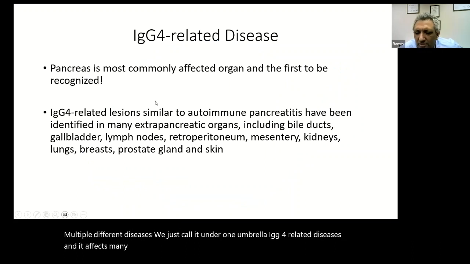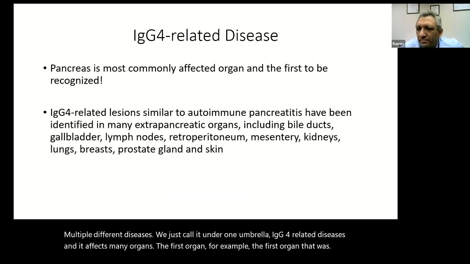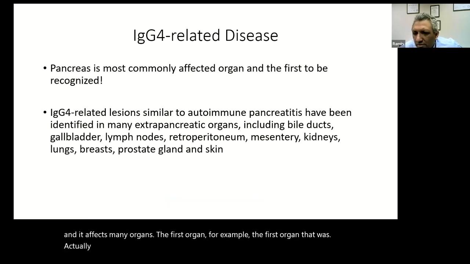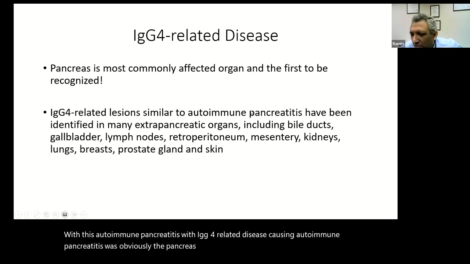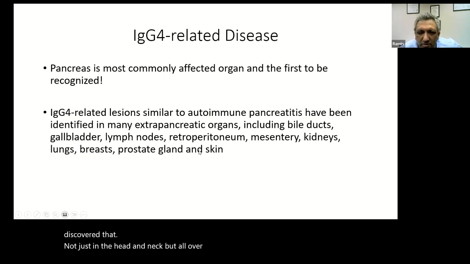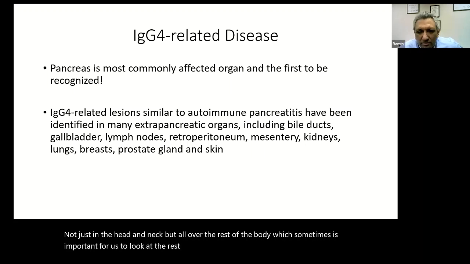The first organ that was actually identified with IgG4 related disease, causing autoimmune pancreatitis, was obviously the pancreas. But later on people discovered that it occurs not just in the head and neck, but all over the rest of the body, which sometimes is important for us to look at to figure out what's going on in the head and neck.